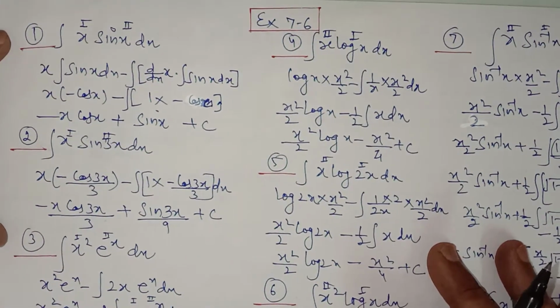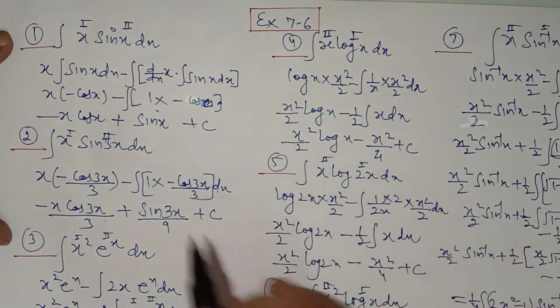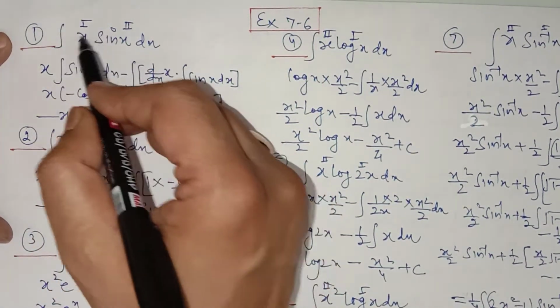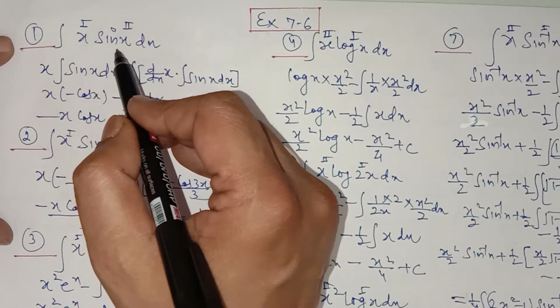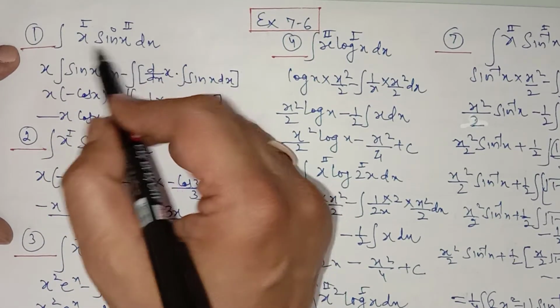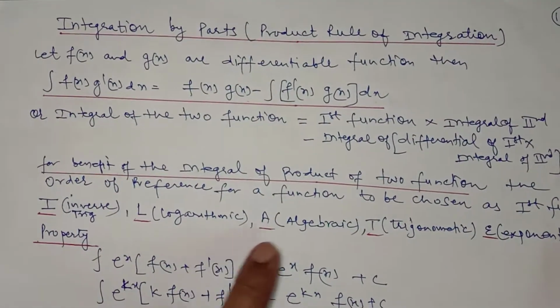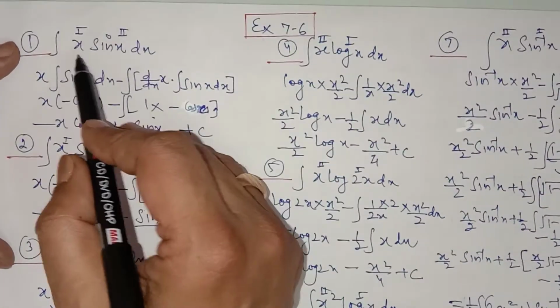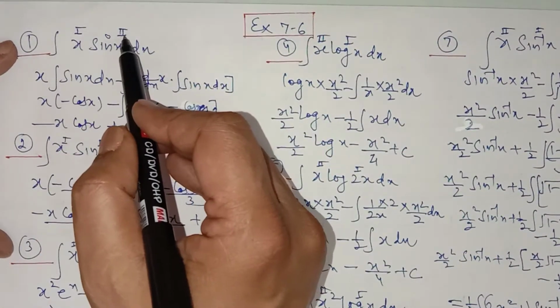While discussing exercise 7.6 based on integration by parts, be very careful. x sin x you have to integrate. It is a product of an algebraic and a trigonometric function. So according to this ILATE form, the algebraic function you have to take first and trigonometric second. You put the first and second functions here, whatever you are taking.